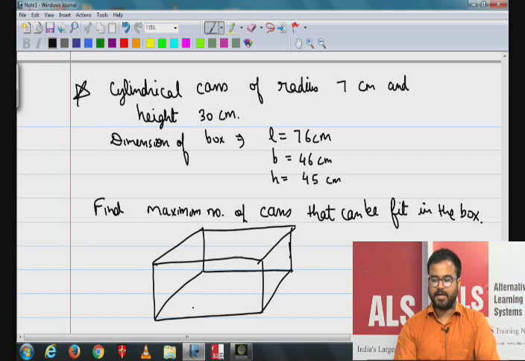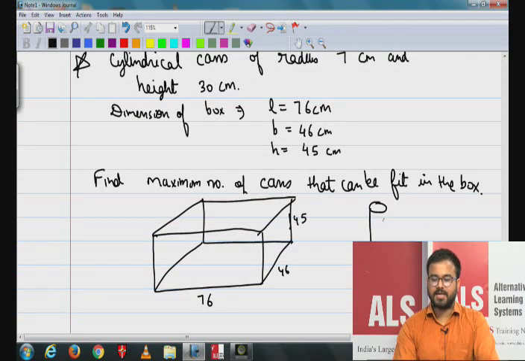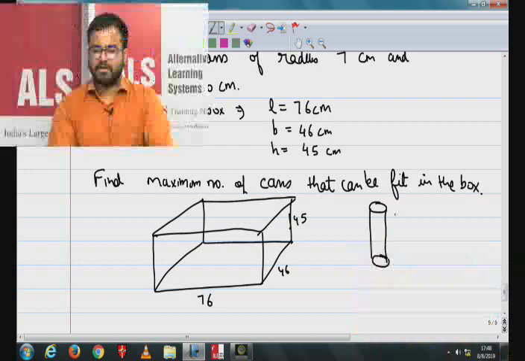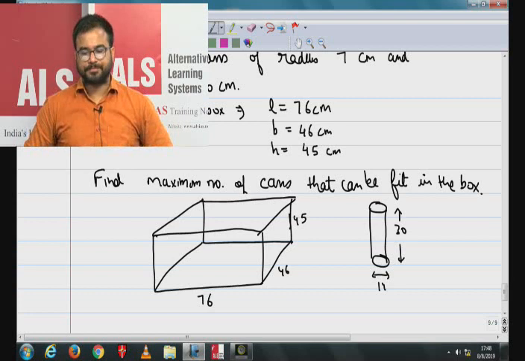Right, and this part, the length is 76, this is 46, and the height is 45. Now each cylindrical can is of height 30, and the radius is 7, so diameter is 14. That is given. Now we have to think what is the maximum number we can put.